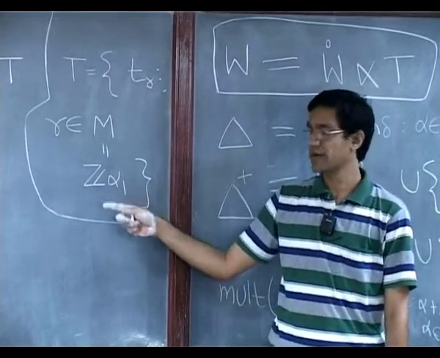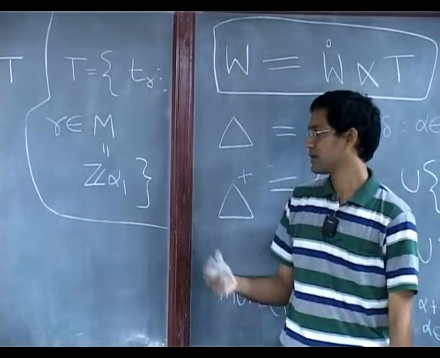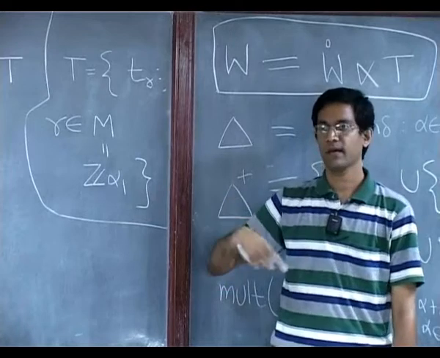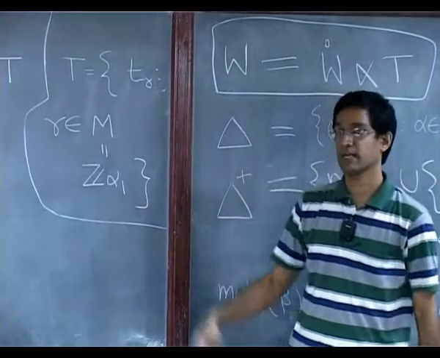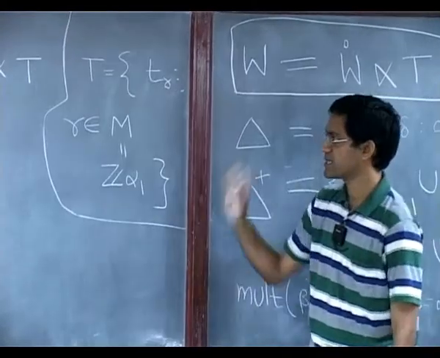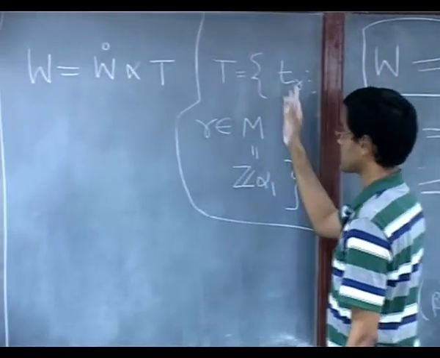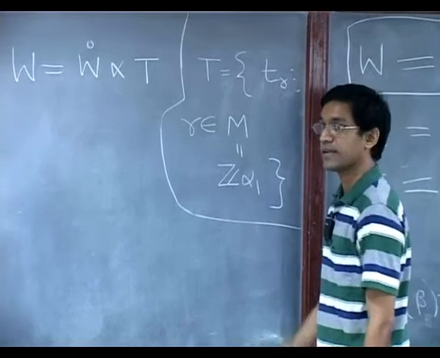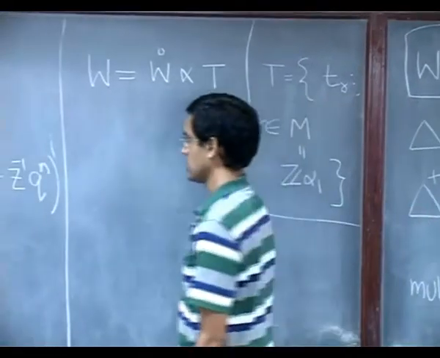In general, you would have to take theta, the highest root, look at its Weyl orbit, and take the lattice spanned by that. That is what we call the long root lattice. Here it is just Z alpha 1. And remember, we had that formula for how t gamma acted, because we are going to need that formula.